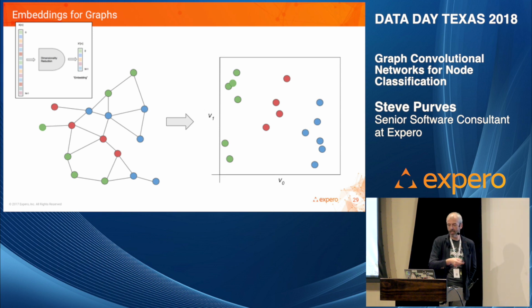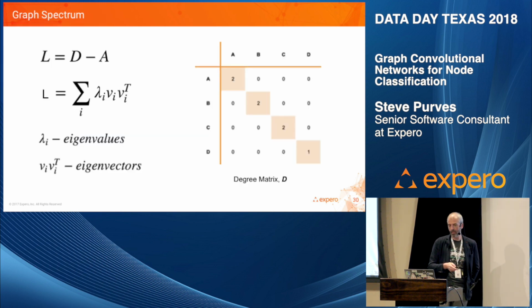And this is another technique that people are using, and it turns out, luckily, that that's very well established. A graph spectrum is a well-known graph theory technique where all we need to do is take our adjacency matrix, take the degree matrix, which is this one, just the number of connections into one node, and then we can compute the Laplacian, and then we solve it for its eigensystem using some library, and there we have the graph spectrum.